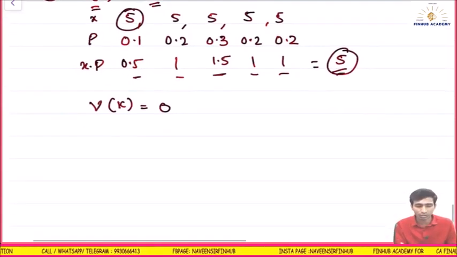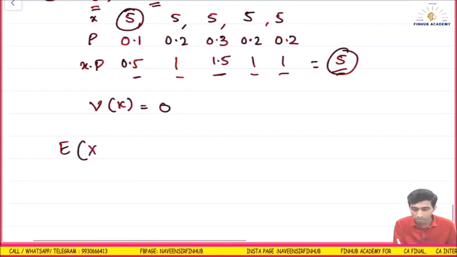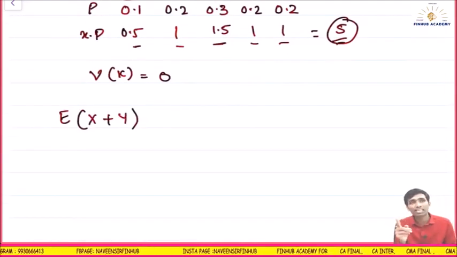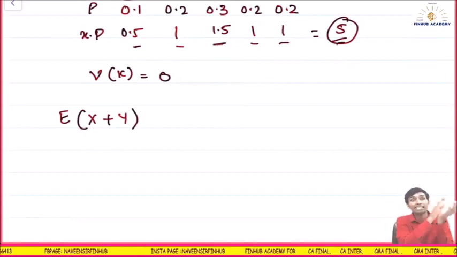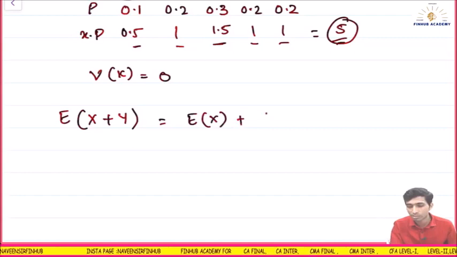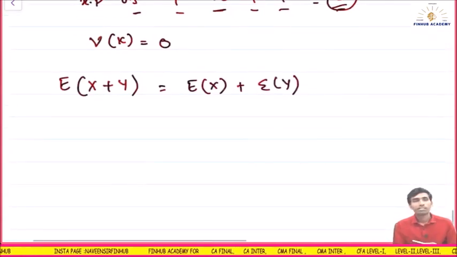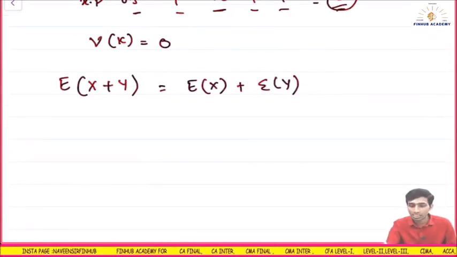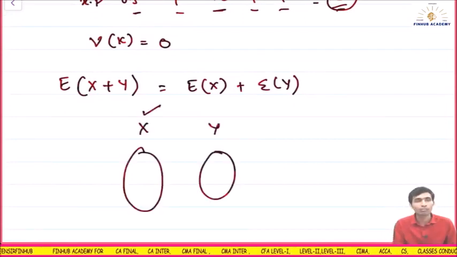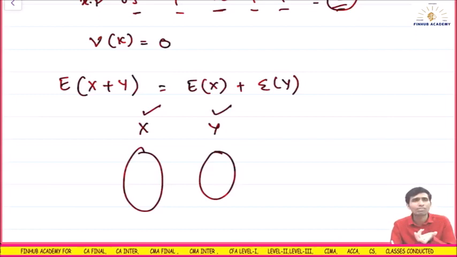So variance is 0. If I have two distributions x and y, and I add x plus y, I add the two distributions, and then I take the expected value, that is equal to the sum of the expected values of the individual distributions. This means I have two distributions x and y, two series. I calculated the mean for this, and for this, obviously I have the probability also.